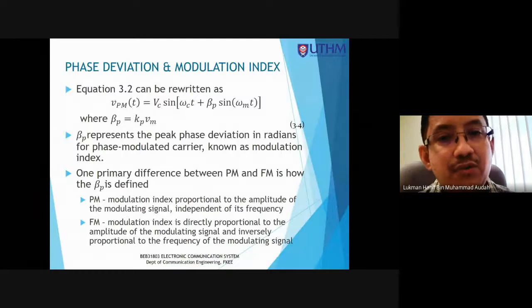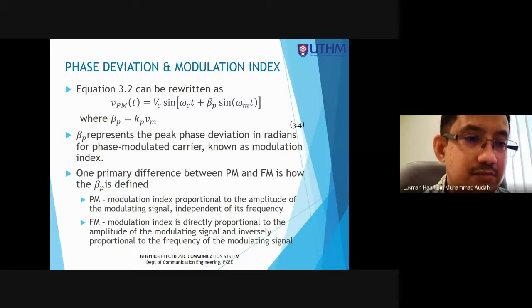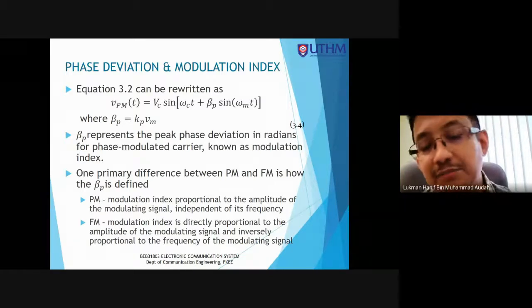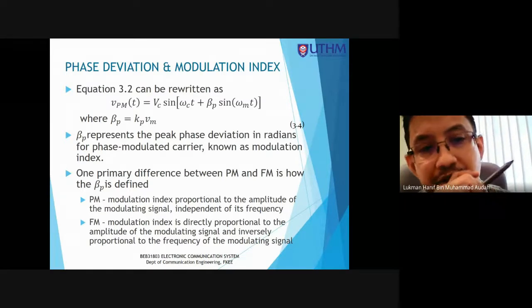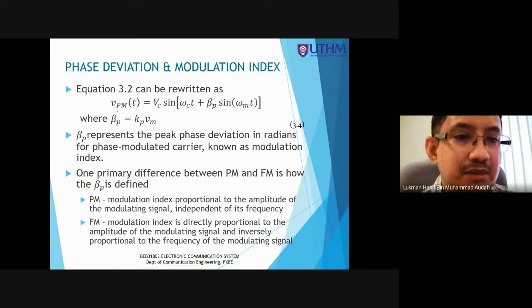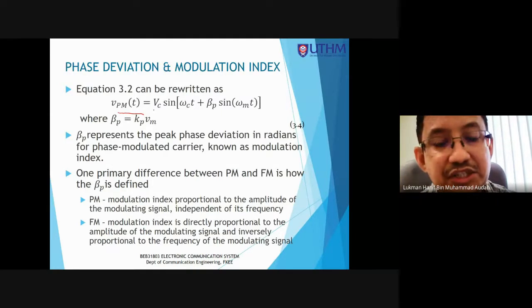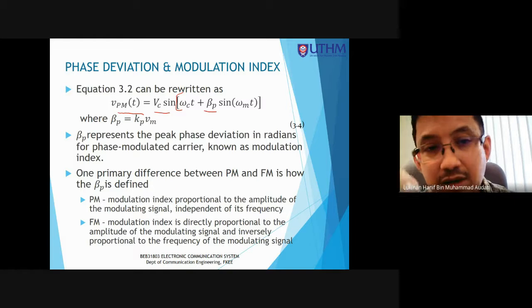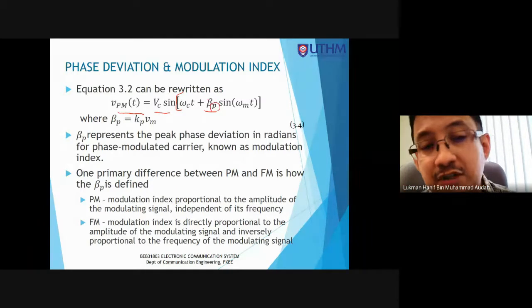Phase deviation and modulation index. So now we want to see the modulation index about beta parameter. Kalau dilihat dalam persamaan PM, we can change into VC sin omega CT plus beta P sin omega MP. The word P here is for the phase modulation.